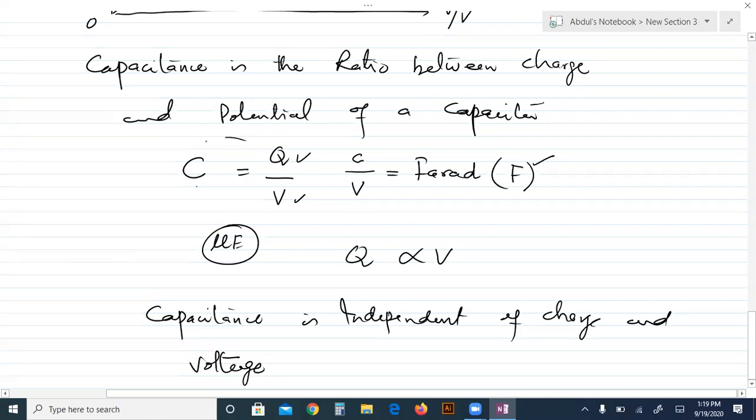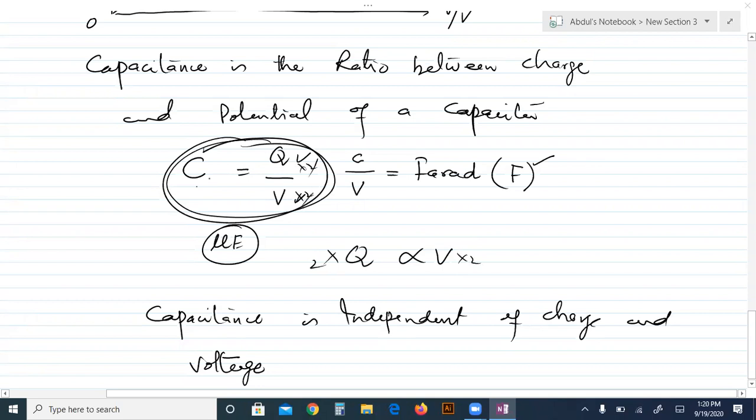It is only calculated from this graph, but it does not depend on the charge and voltage, because when voltage becomes double, charge becomes double, so the double cancelled, the answer of the capacitance will remain same.